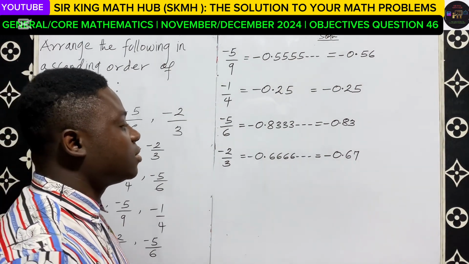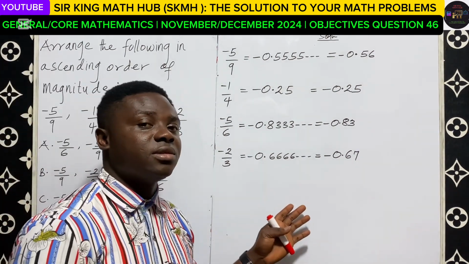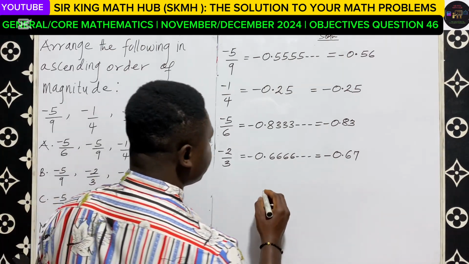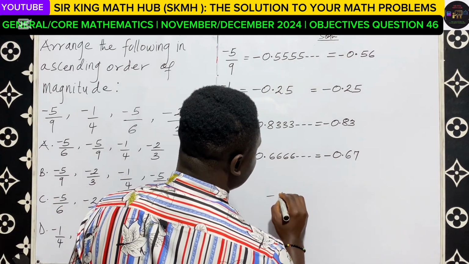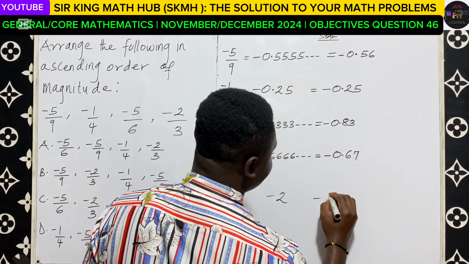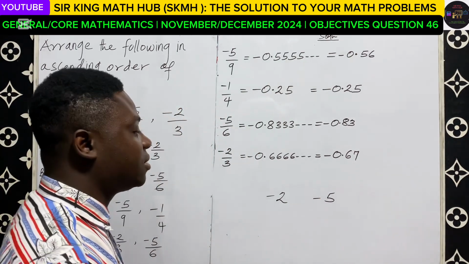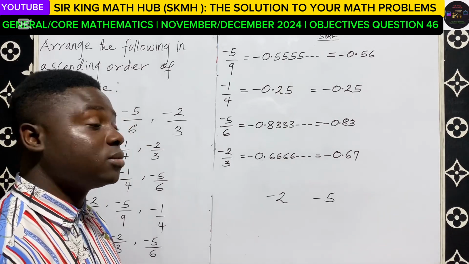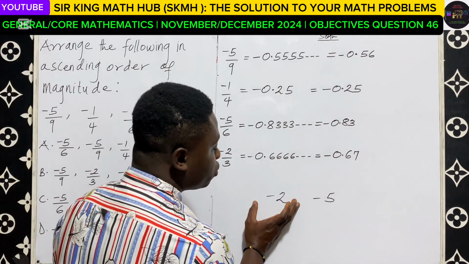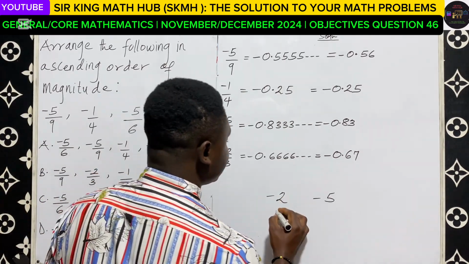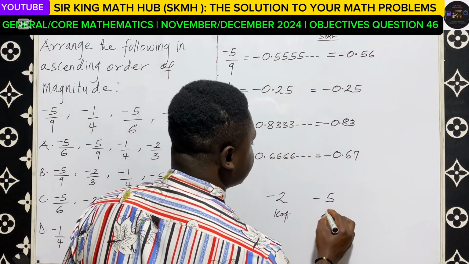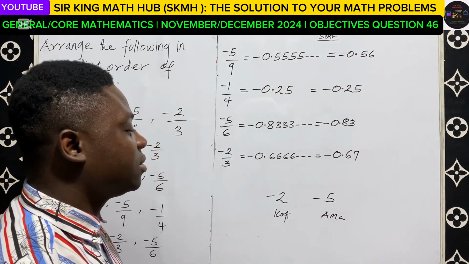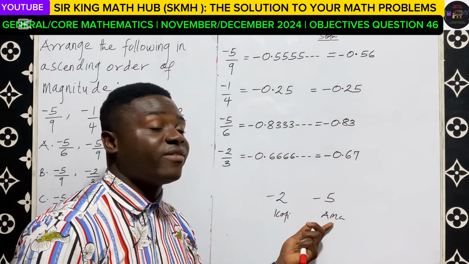Now take note, these are negative numbers. For example, between -2 and -5, which of them is bigger? Let's say we have two different people, Kofi and Amma. Kofi owes 2 Ghana cedis, and Amma owes 5 Ghana cedis.